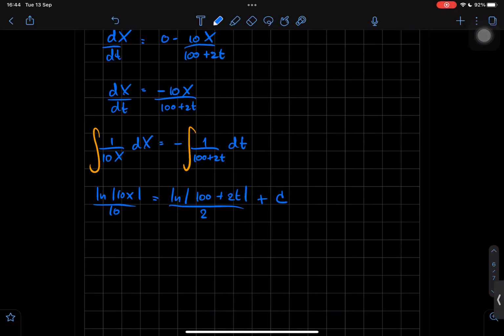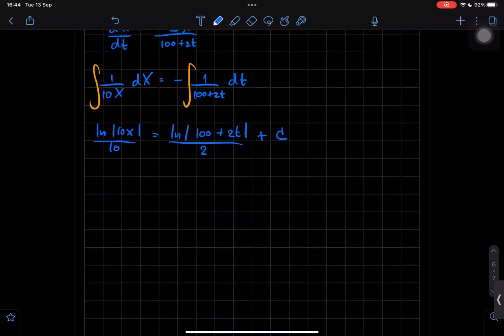Okay, so you can answer it like this, or you can do something more, right? Just modify it a little bit, so it becomes minus 5 log of 100 plus 2t plus c, right? And as 10x, no, sorry, there's also a minus here, right?